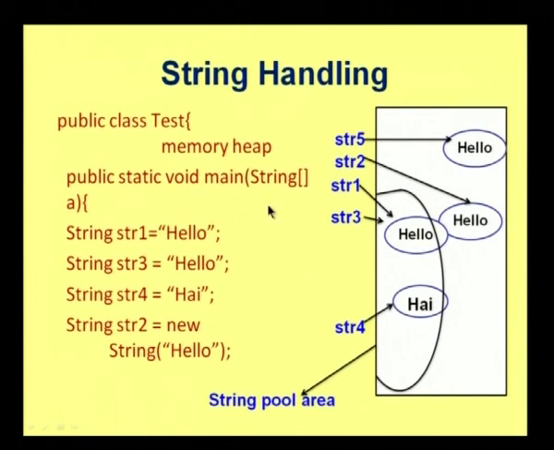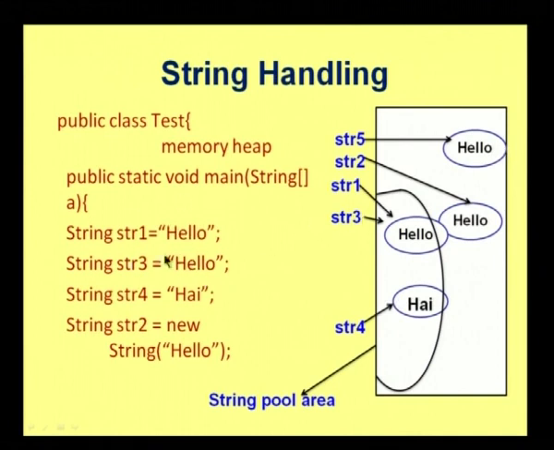Next is a sample program for handling strings. Here we have a program in which we are trying to have various types of string variable declarations and how the memory has been allocated. You can see here we have created a string and directly assigned a value to it, string 1 and string 3. Both string 1 and string 3 have the same value.